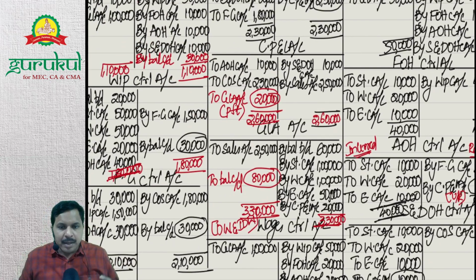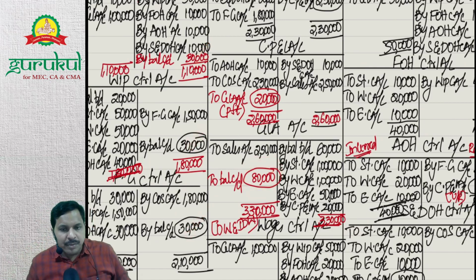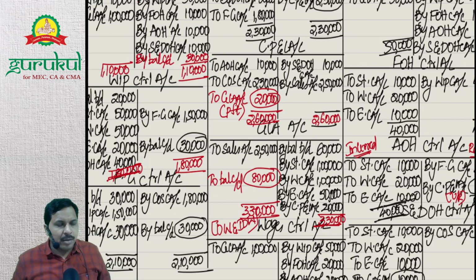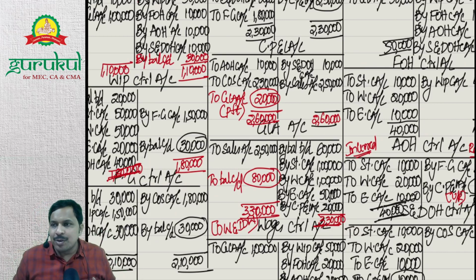Okay, let's leave it. Generally it will match. Maybe some error we have made. Forget about the calculation. Generally, if we add these three balances, we should get how much? The same amount as GLA. I think there is some error somewhere. Leave it. Now, if we are asked to prepare a closing trial balance, we close all those accounts and make a sum, and it must tally with what?